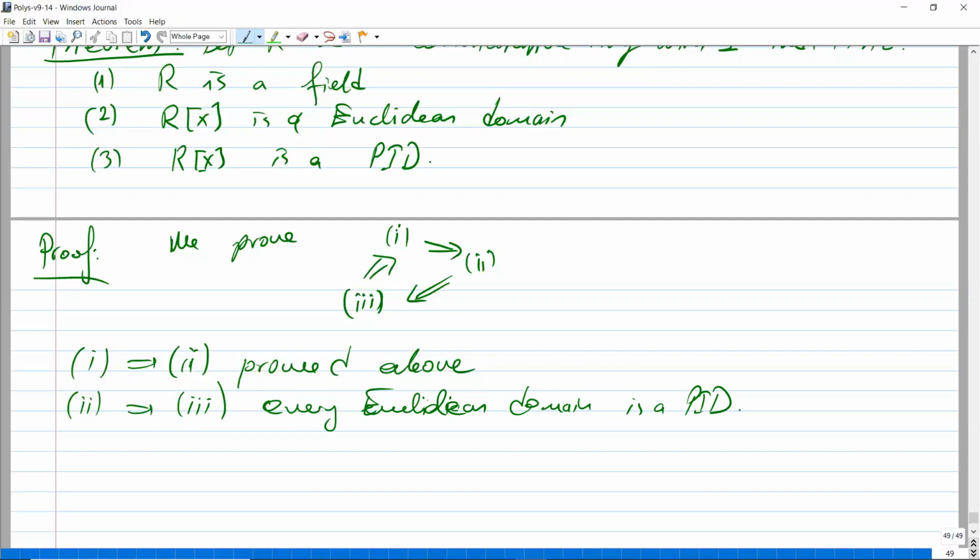Now, 3 implies 1. This is the basic, most important part. And as I said, I will prove this in the next lecture.